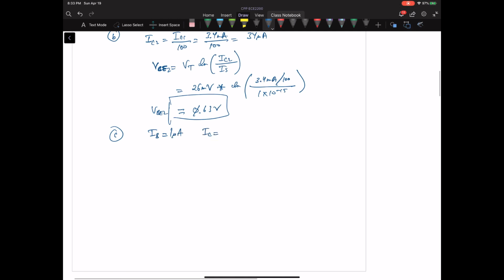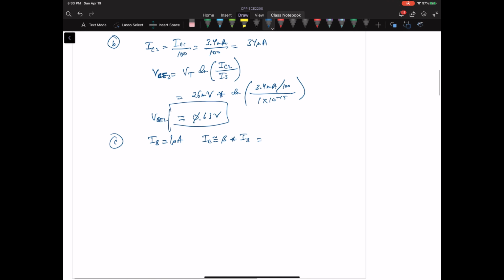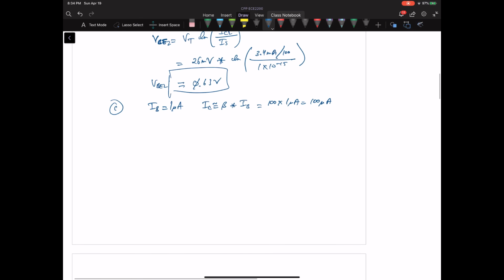I sub C is beta times I sub B, and beta is given to us as 100. So it's 100 times 1 microamp, or 100 microamps, is the collector current. Then we want to calculate the base-emitter voltage in this case.